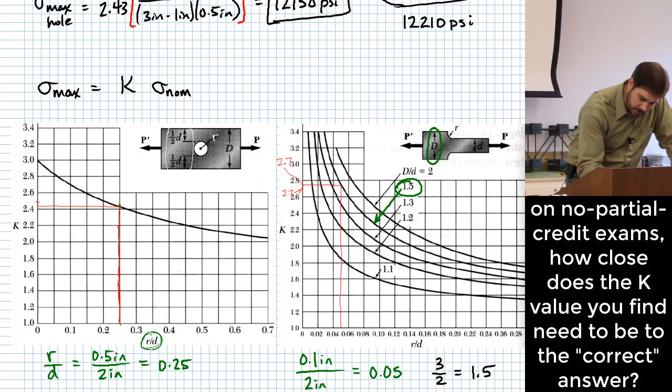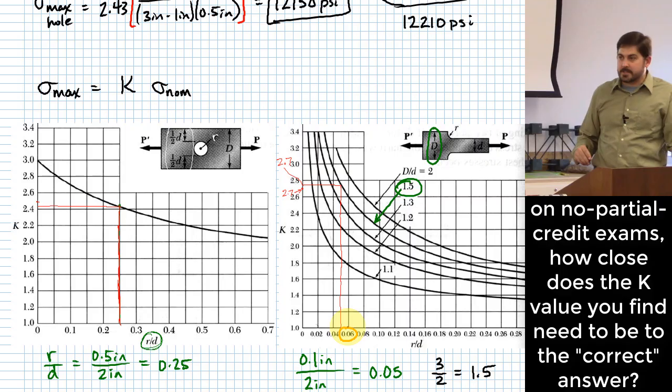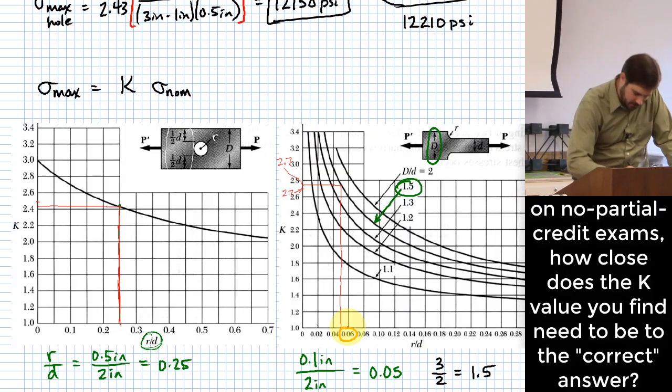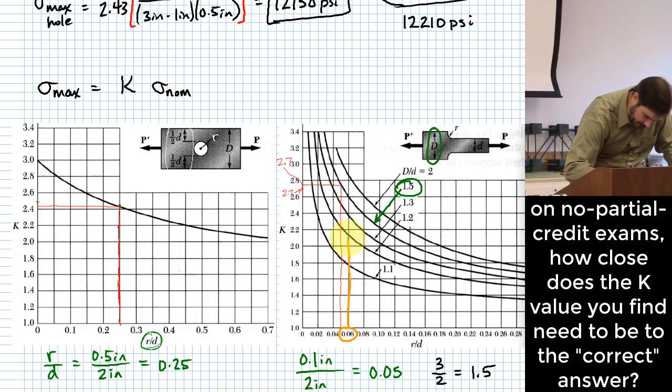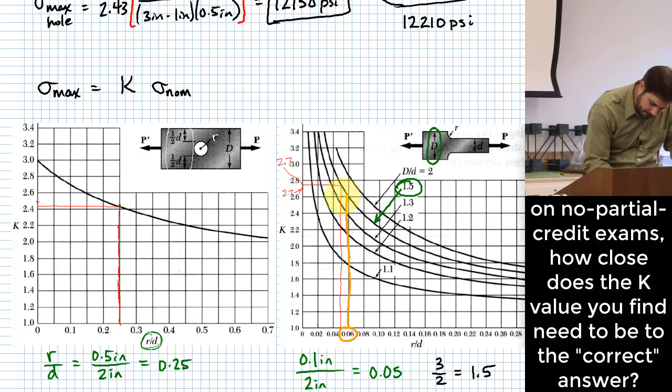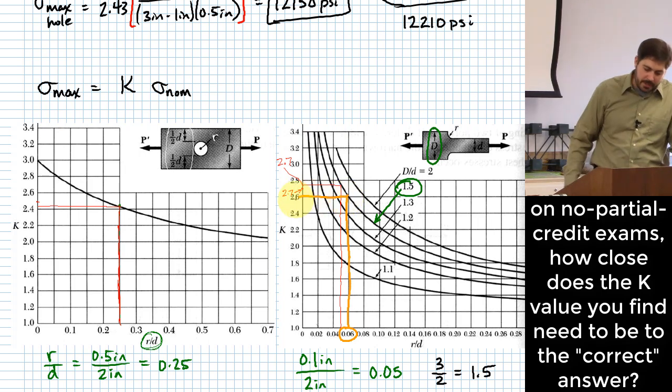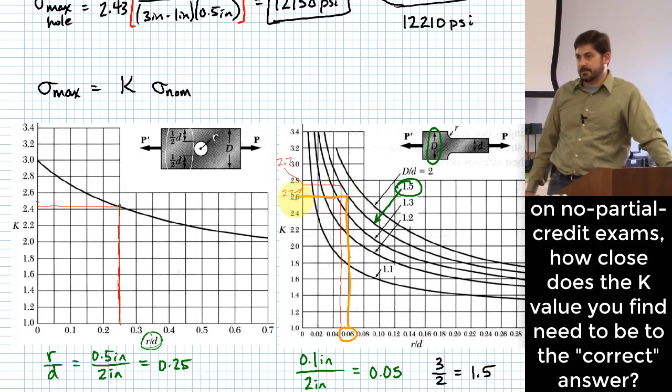What that would do is shift over to where R over D would calculate to now 0.06 instead of 0.05. So then I could read up this line to where I hit this curve, and holy moly, that gives you a really solid value of 2.6.